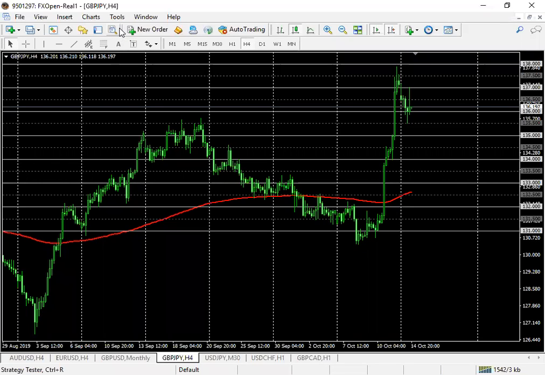So most likely what would happen is we get some sort of consolidation or ranging movement from the market after an aggressive breakup like we've had on a lot of the GBP pairs.